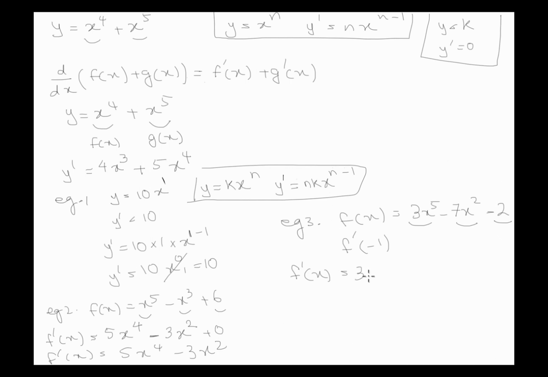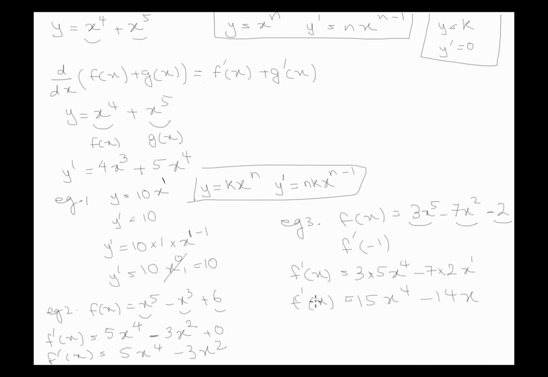You write down the coefficient, you multiply it by the power, so you bring down the power, you reduce the power by 1, then you multiply the coefficient by the power, and then you reduce the power by 1, and then this one is just a constant, so it just becomes 0. So your f dash of x, the general derivative function for this, is just 15x to the 4 minus 14x.